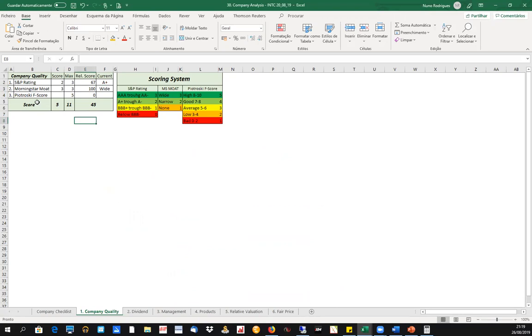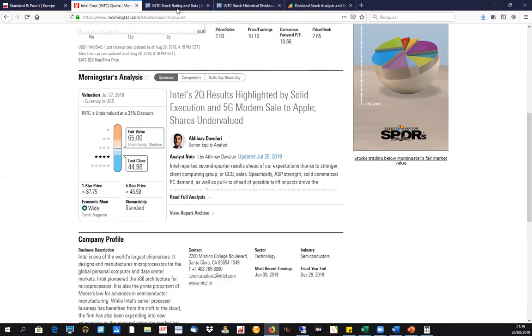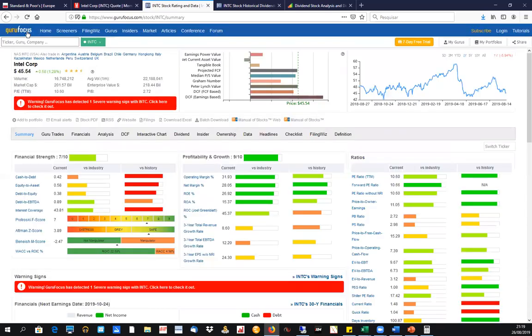And then we'll take a look at the Piotroski F-score. And here, again, we'll use GuruFocus, okay? An excellent website with lots of financial ratios and metrics that you can use for free, all right? So the Piotroski F-score is a 7, and the maximum score is a 9.